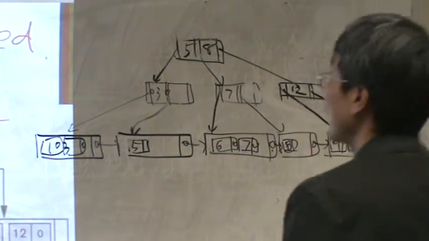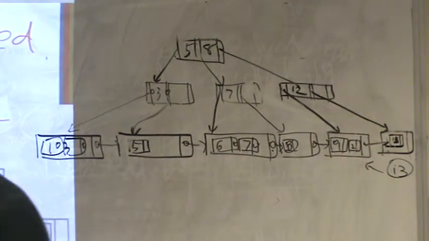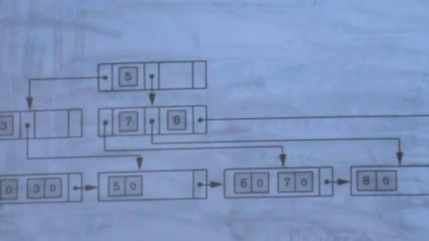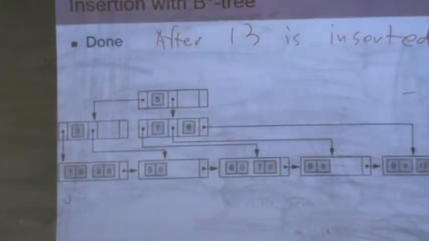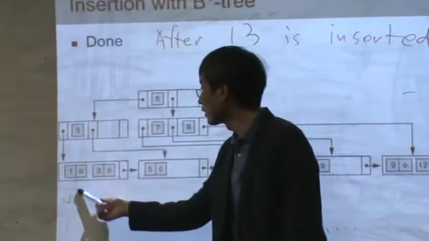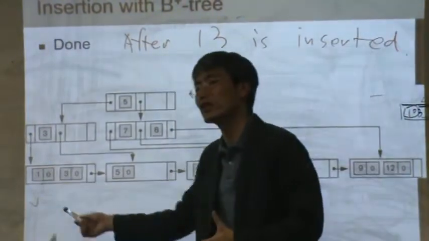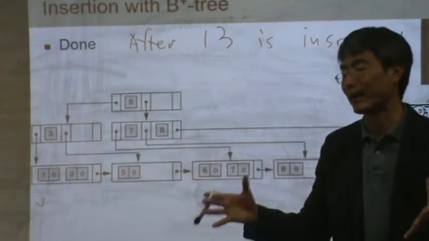Okay, one more question. We are going to insert the same values: 1, 3, 5, 6, 7, 8, 9, 12, and 13, for example. No matter what order of the sequence, as long as we insert this data, the output of the index is the same.